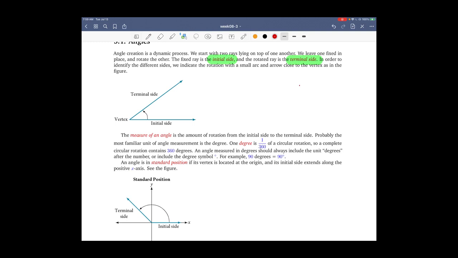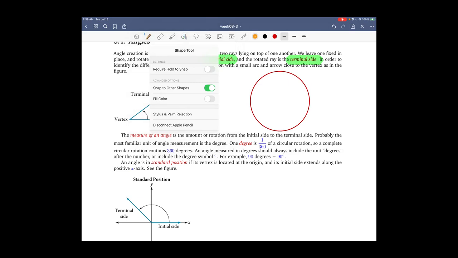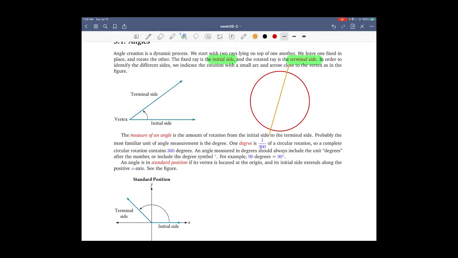So if we imagine a circle, and if we divide it by 360 equal arcs, all of these arcs are equal here. The measurement of each of these angles will be 1 degree. Degrees are written by this small circle symbol.